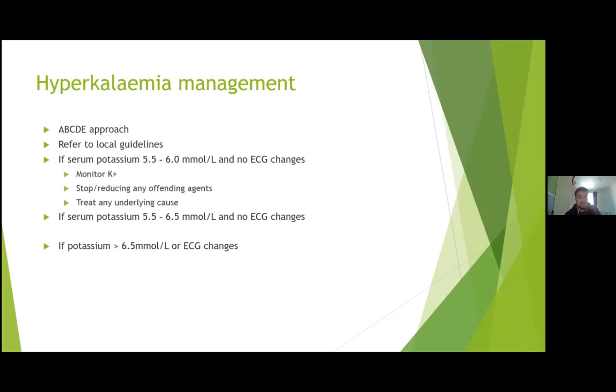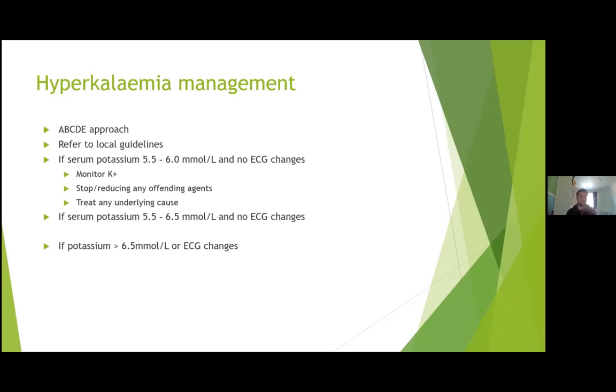So for a patient with mild hyperkalemia, all you'd do is monitor the potassium and check it again. And by the way, you don't have to take a full set of bloods and send them off to the lab to check potassium. You can just do a VBG and run it on the gas machine and check the potassium like that.